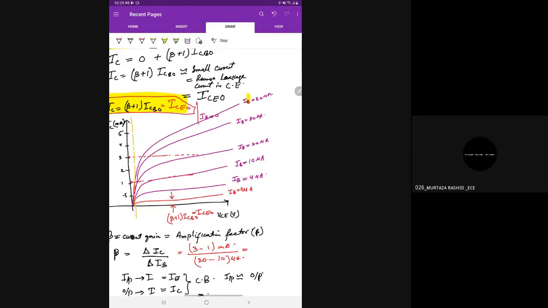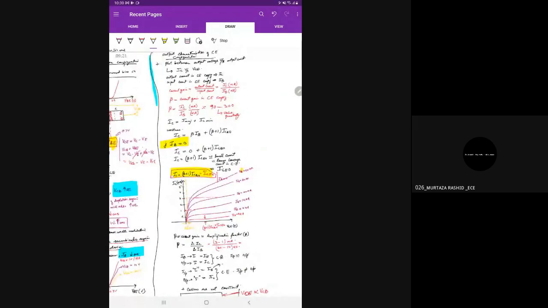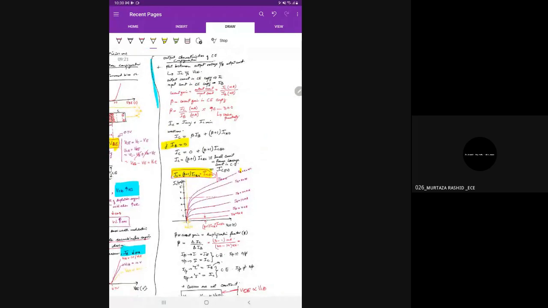And what is VCE here? If we assume this is the 0 axis, VCE is nearly equal to 0 here, and mostly it is negative, because this region is towards the left of this line. So this was about region A.